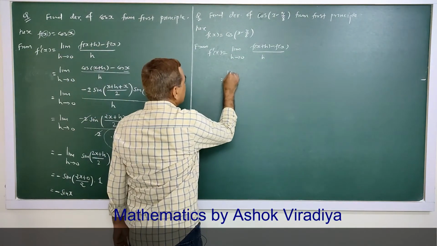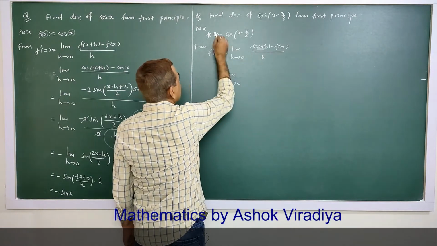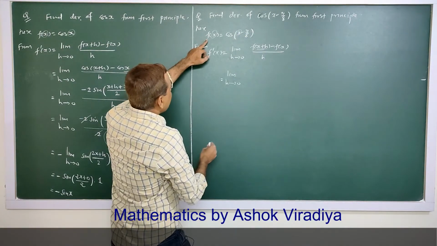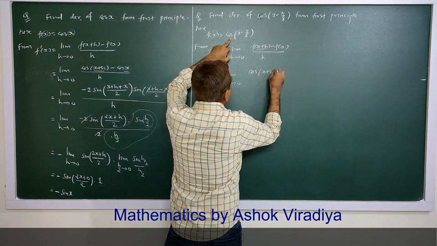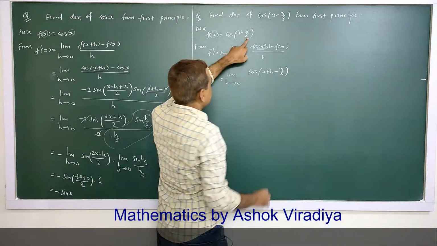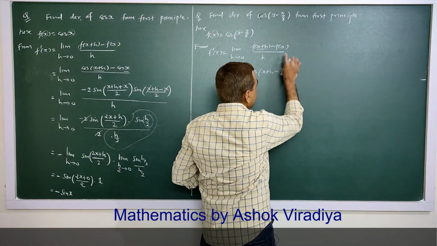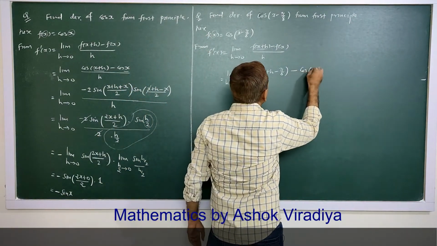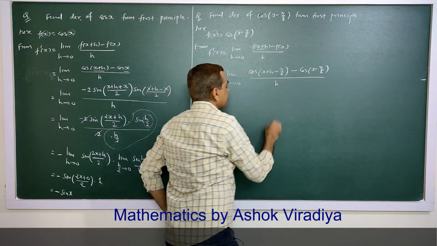Now putting values, f of (x plus h), so I am putting here x plus h. So f of (x plus h) is cos of (x plus h minus pi by 8), minus f(x), which is cos of (x minus pi by 8), upon h.